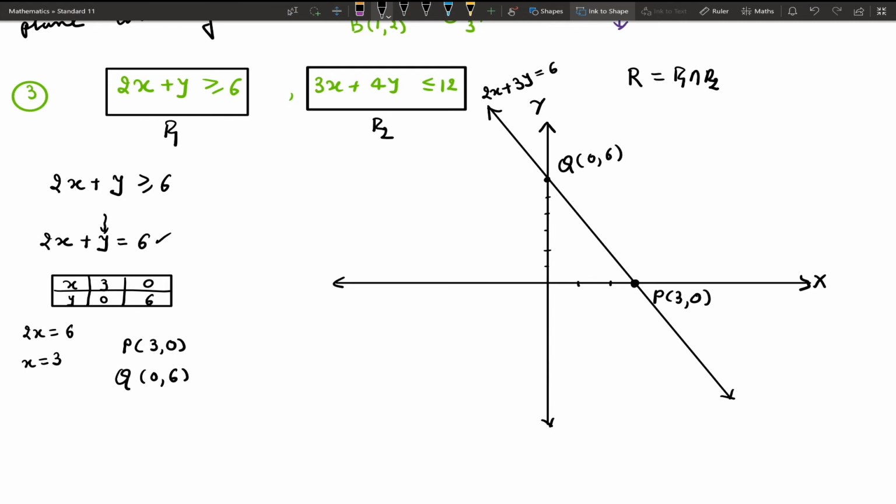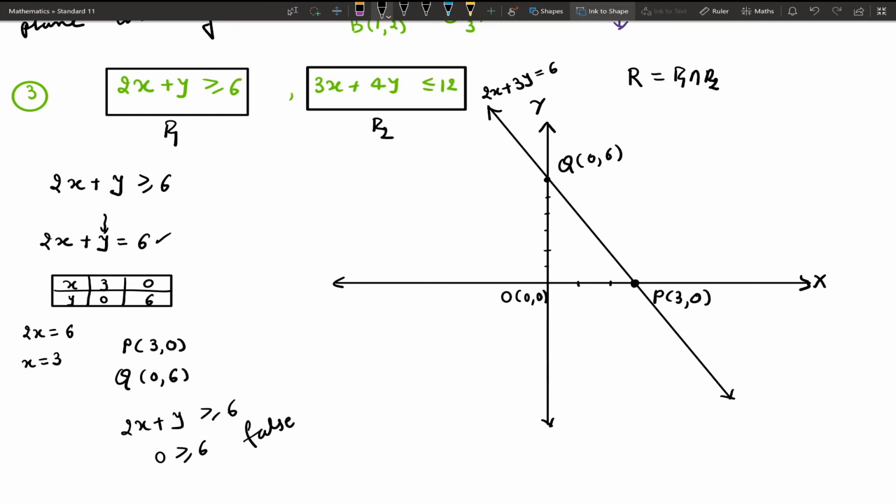So now to get R1, let us verify whether the half plane contains the origin or not. So this is O 0, 0. In the inequality 2x plus y greater than or equal to 6, put x equal to 0, y equal to 0: 0 greater than or equal to 6, which is false.